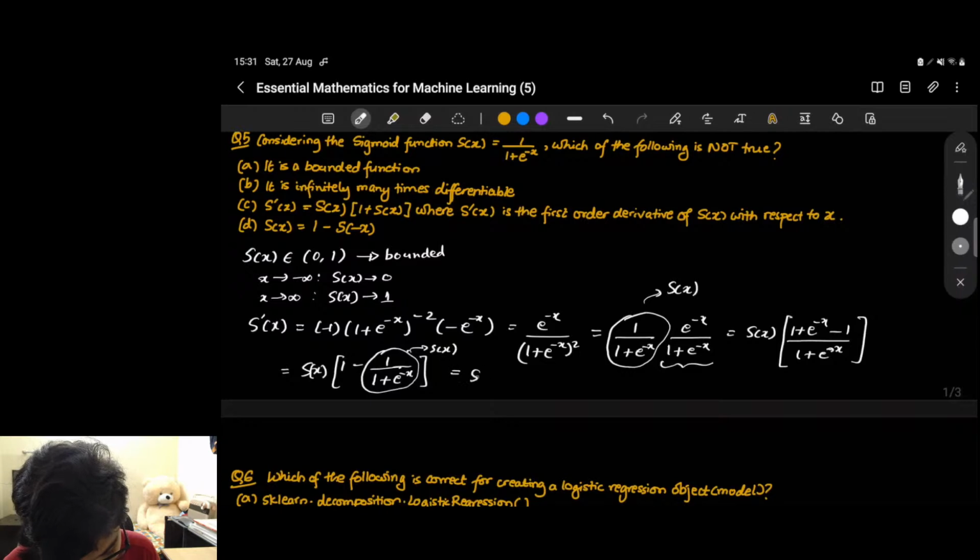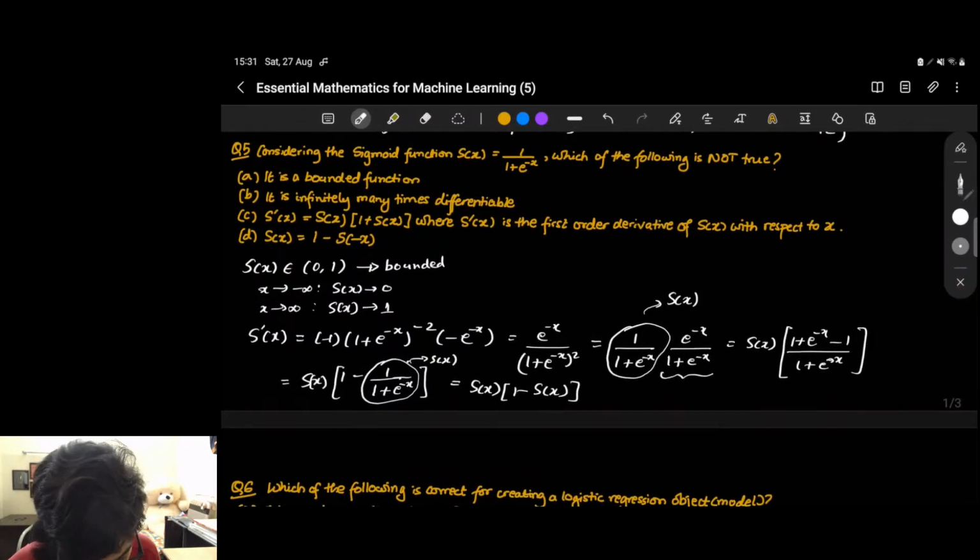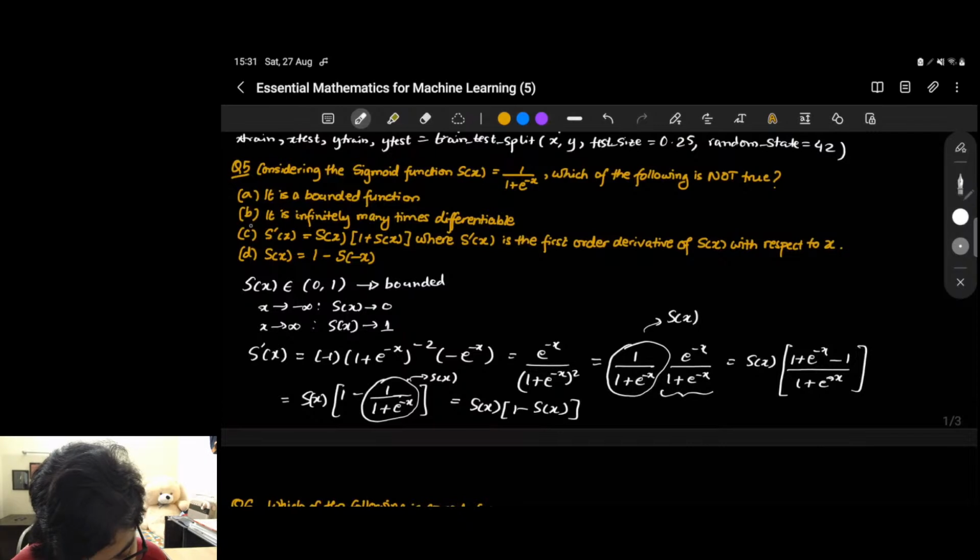So what you get is s of x times 1 minus s of x. That means the derivative of the sigmoid function is the sigmoid function times 1 minus the sigmoid function. That means option C is incorrect because a plus sign is written over here. Had it been a negative sign, this would have been correct.